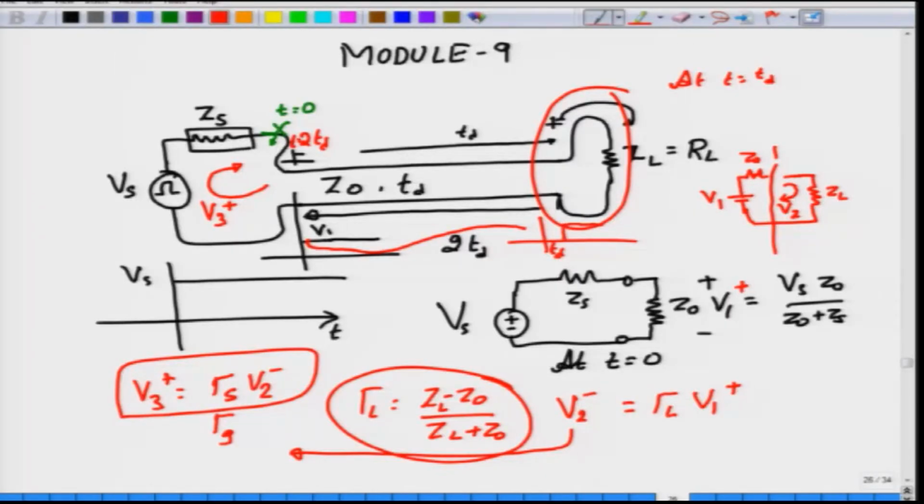Now, this may seem a slightly complicated way of finding the voltages, and moreover we have just been seeing the amplitudes. We do not know the shape of the voltage that we are going to see finally at the load and at the source if you are using a TDR meter.